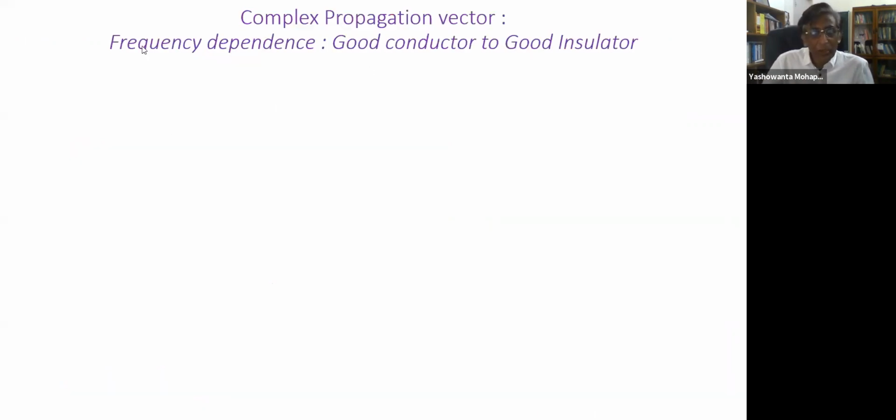So let's look at the complex propagation vector and its frequency dependence. Since there is frequency dependence, something which is a good conductor at some frequency can become a bad conductor, in fact a good insulator. So the concept of what is conducting and what is insulating depends on the frequency of the wave.